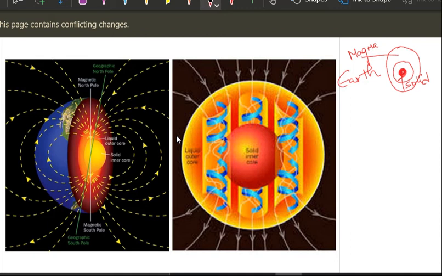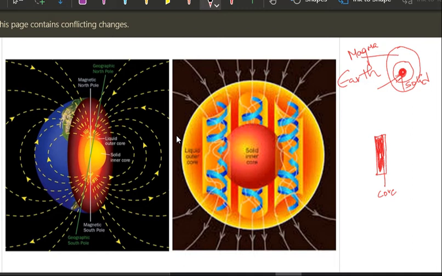Suppose a basic physics, you know, right? Suppose there is any solid metal. As you know, Earth is filled with metal, and the center of the Earth is mostly filled with iron. Let this be the core of Earth.